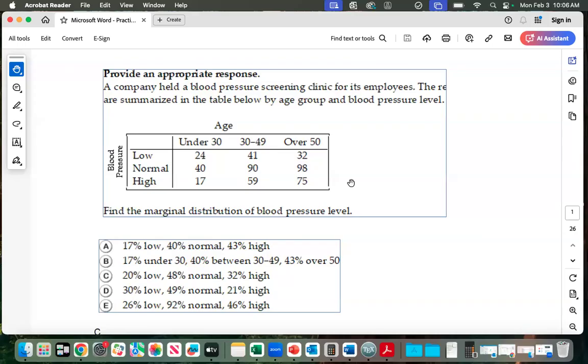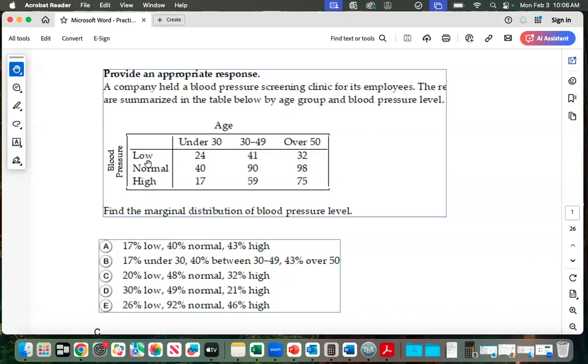So what is the total for all of them? So 97 plus 228 plus 151. What do you get? 476. So to find the marginal distribution of blood pressure level, first and foremost, we are going to do it for low, normal, and then high.